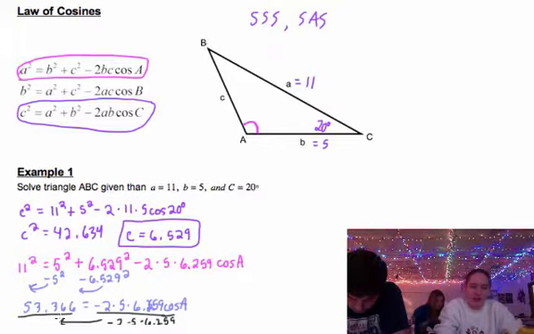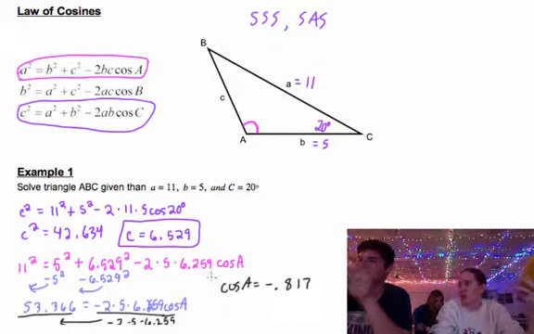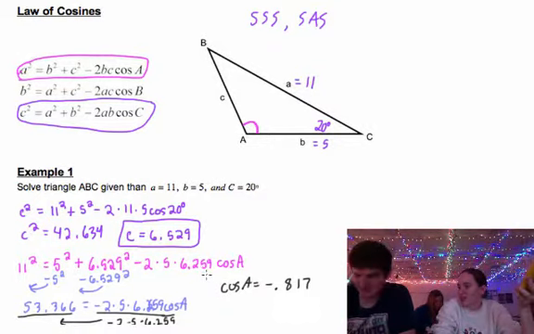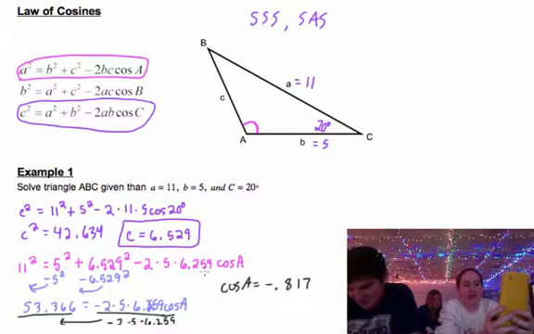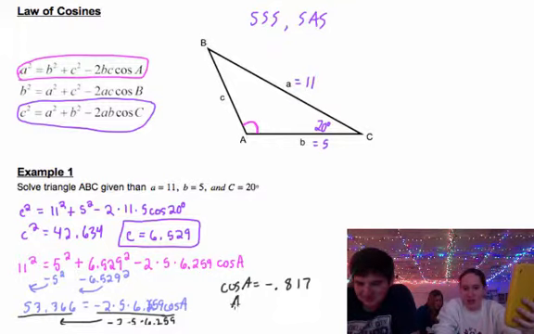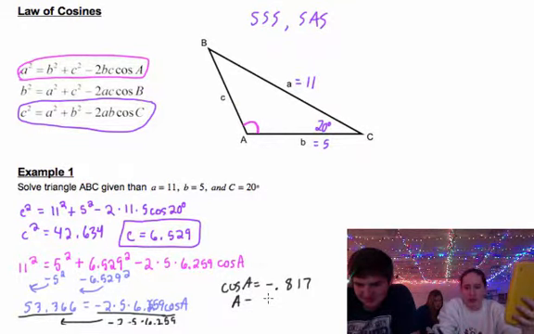And that gives us that cosine A is negative 0.817, and that decimal keeps going. And so if we want A, we do inverse cosine of our answer, that decimal there, and we get that A is 144.817 degrees.